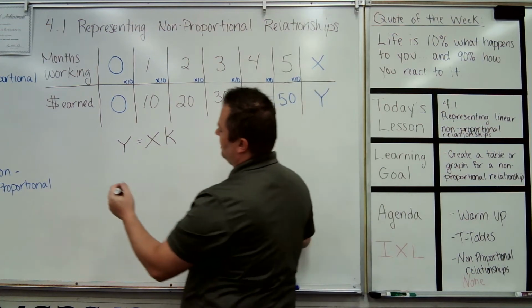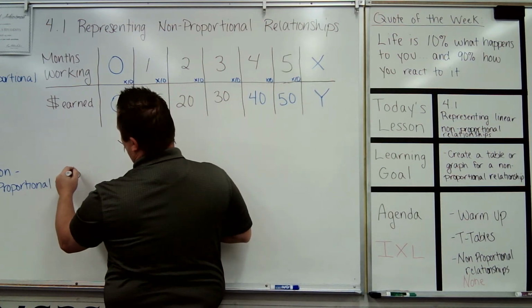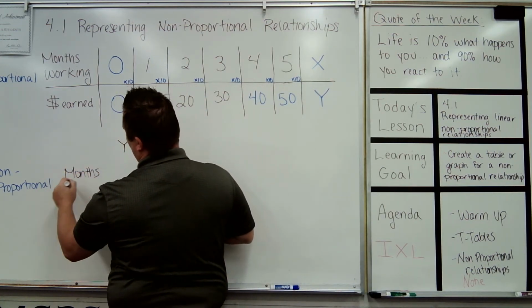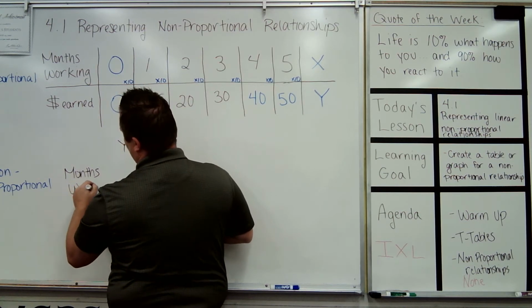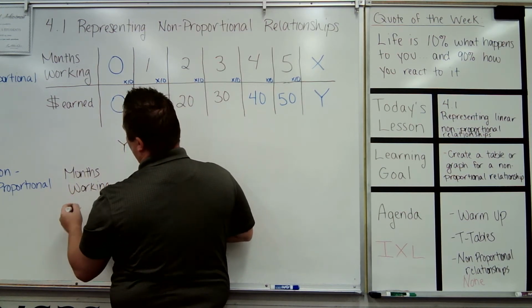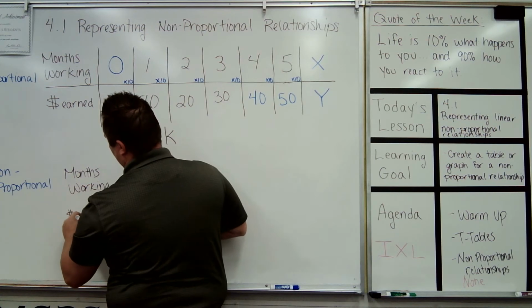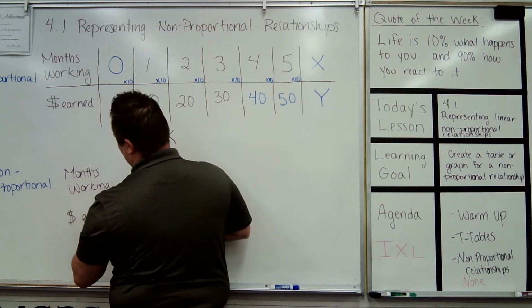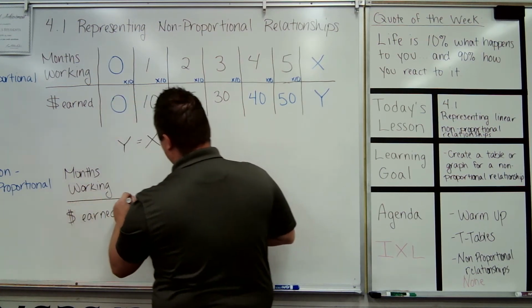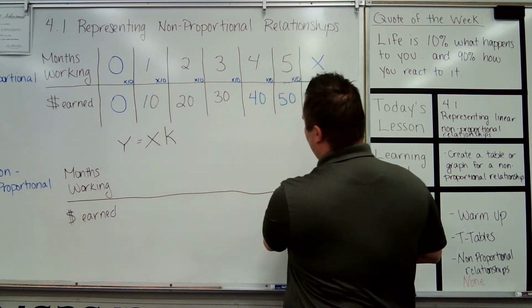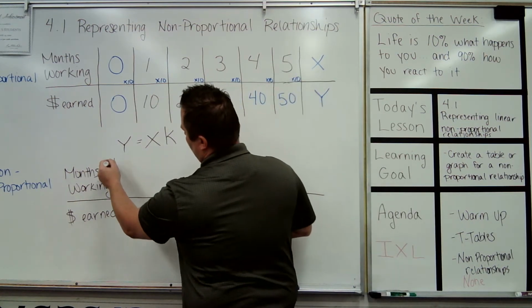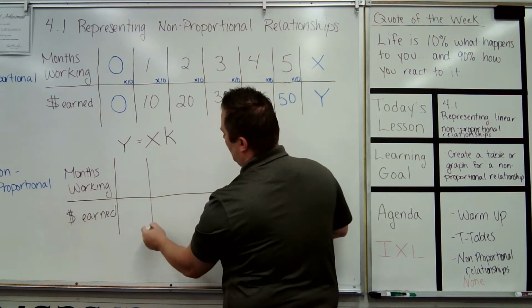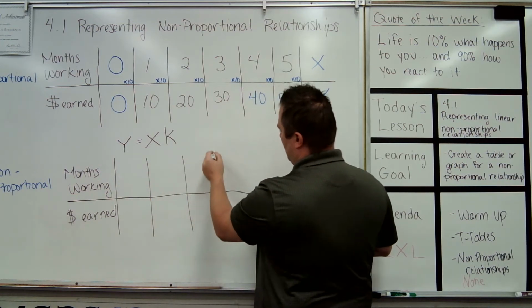The exact same situation in months working and dollars earned. And we're going to create this same table. So we're going to try and figure out what does it mean to be non-proportional.